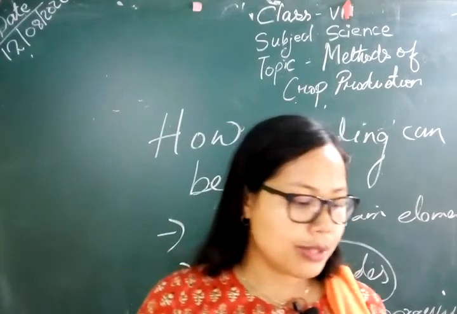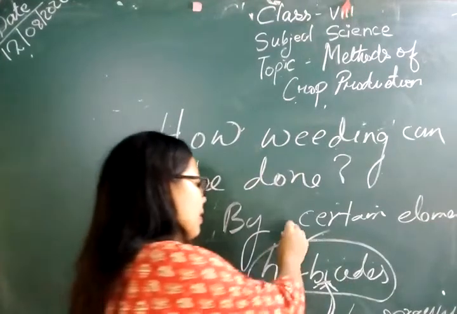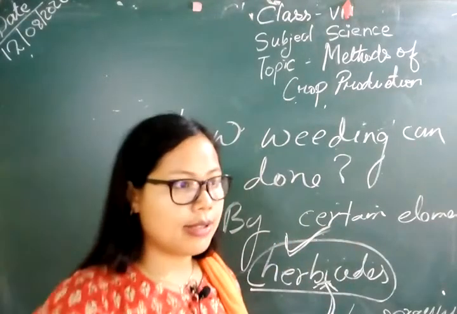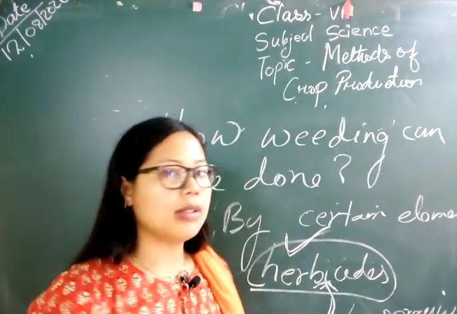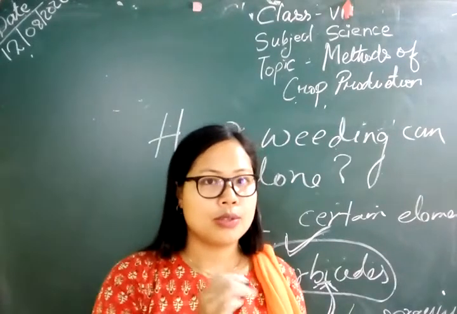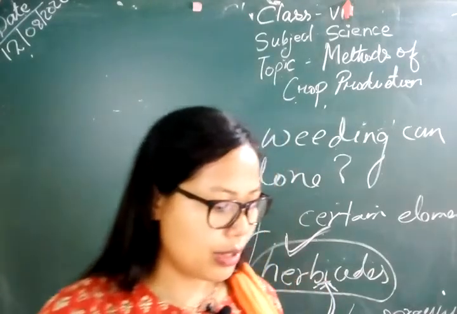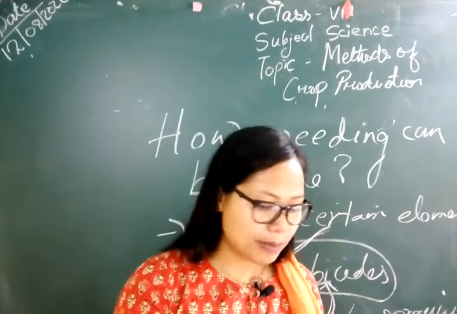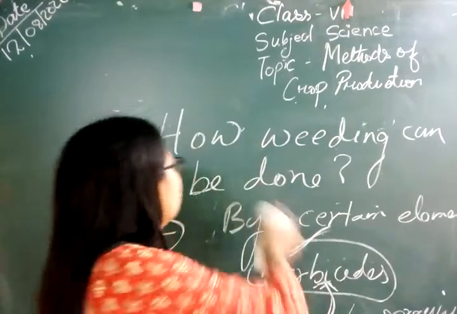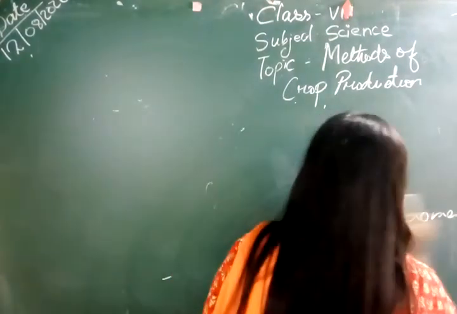They destroy the weeds, but they can affect man because they are harmful. That's why we should be very specific when using these herbicides. Of course, they do not destroy the crops, but they destroy the weeds. This is one advantage, but still we should be careful. So what are the examples of weedicides? Let's see the examples of weedicides.